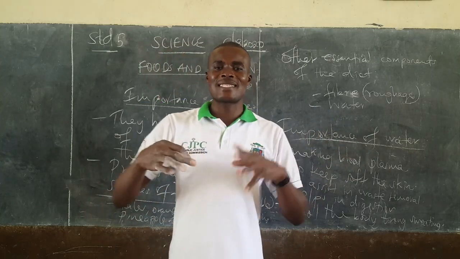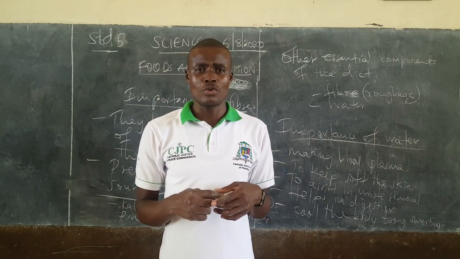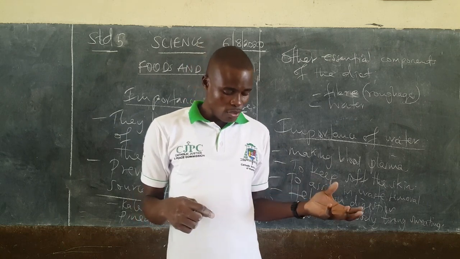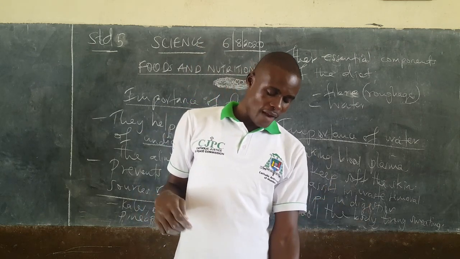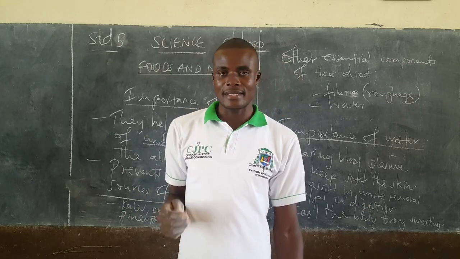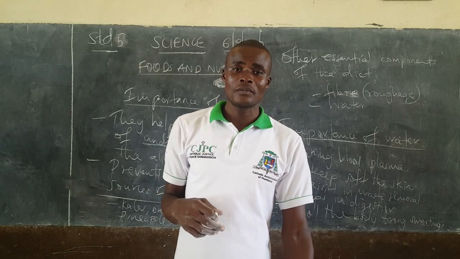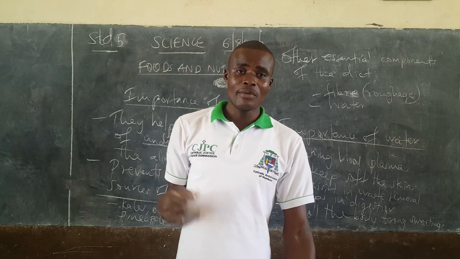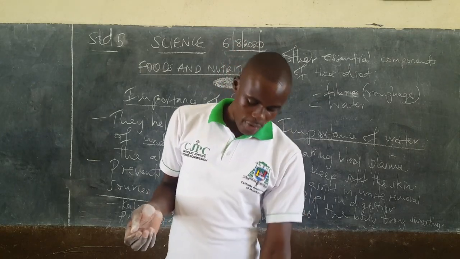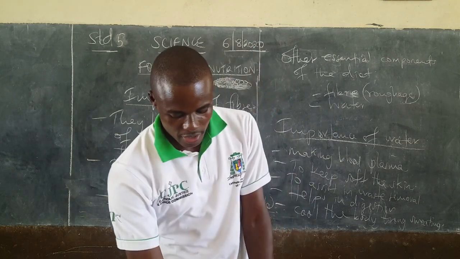When your body lacks a certain nutrient, what diseases are you likely to get? That is what we are going to look at in our next lesson. They are mainly kwashiorkor, marasmus, anemia, and rickets. So before that lesson, I'll read ahead and we'll see if we are able to get them right. And then we call it a topic.